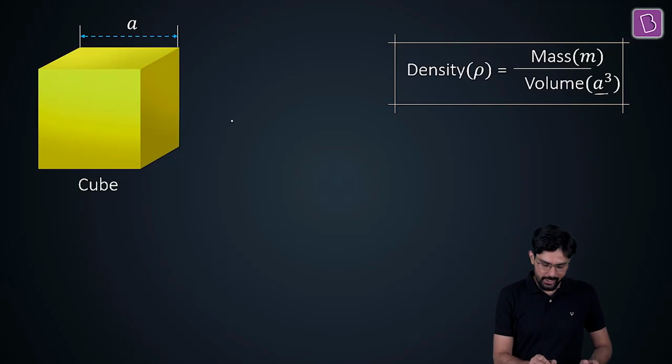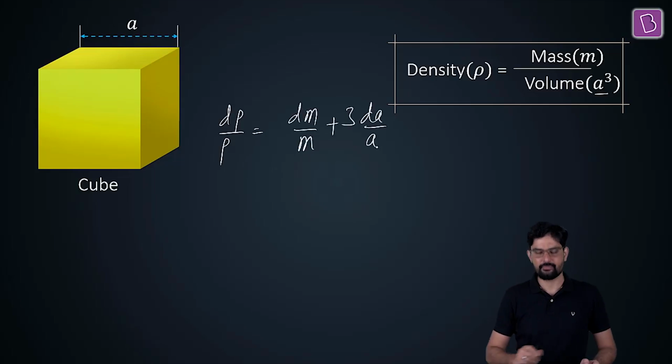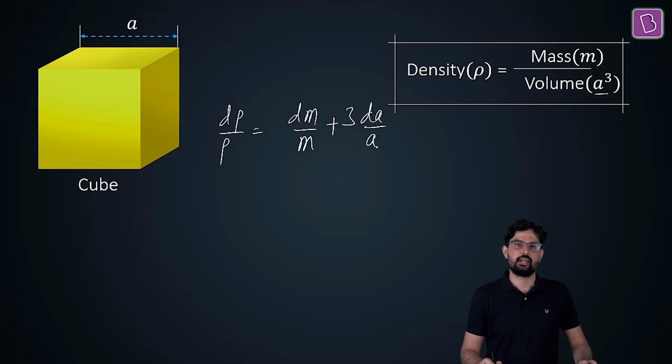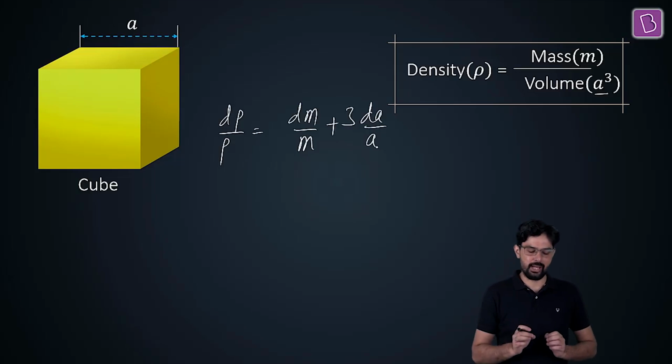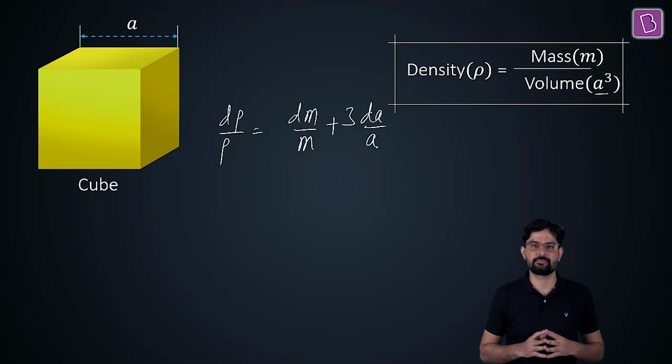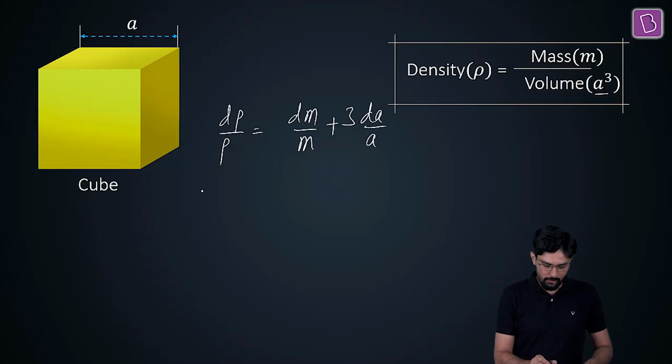And we know that in such a case, the relative error d rho by rho is going to be equal to the relative error in the mass dm by m plus 3dA by A, right? And if you want percentage, then you can multiply it with 100 both the sides. Now we want to find out the relative percentage error in the density. So d rho by rho into 100 we want to find.